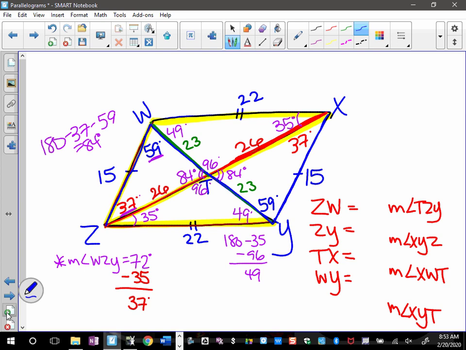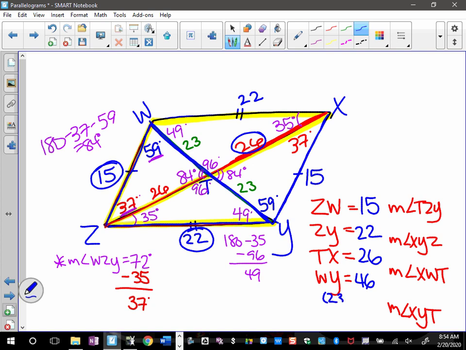So if I go to ZW, okay, here's ZW, it's 15. I go to ZY, here's ZY, it's 22. Okay, I go to TX, that was 26. And WY. WY was 46 because we had the 23 and 23.